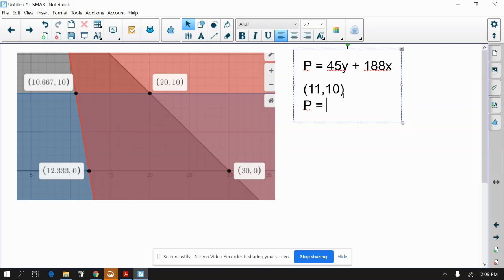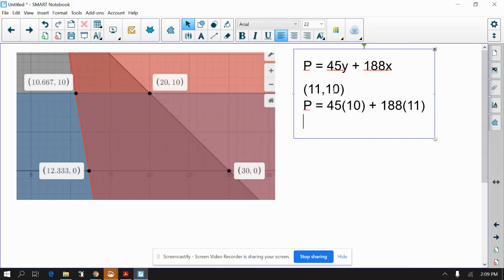And so that's P equals 45 times 10. 45 times y, don't get mixed up. 10 is the y, plus 188 times 11. And that equals, going to my calculator, 45 times 10 plus 188 times 11, 2,518. Okay, not as big as the (15, 5) one.